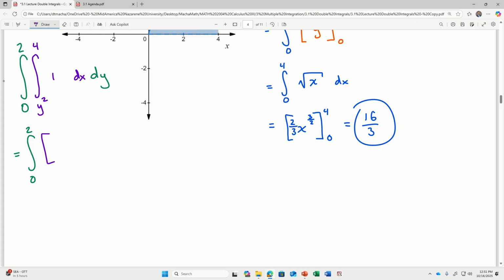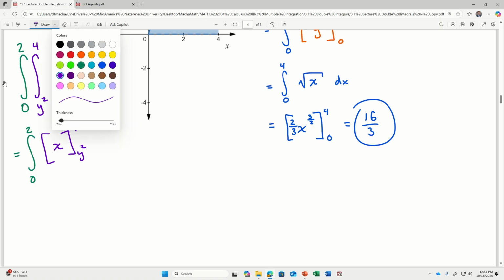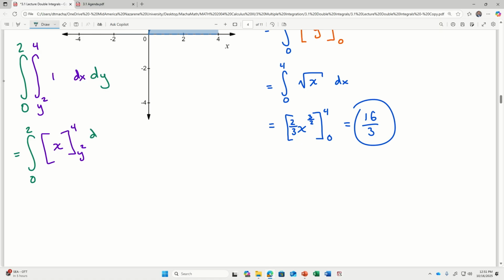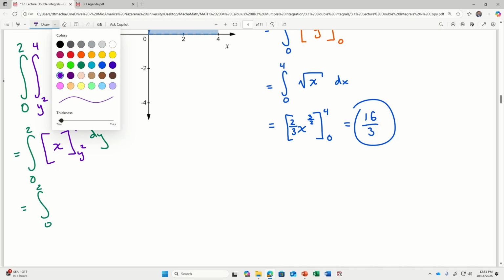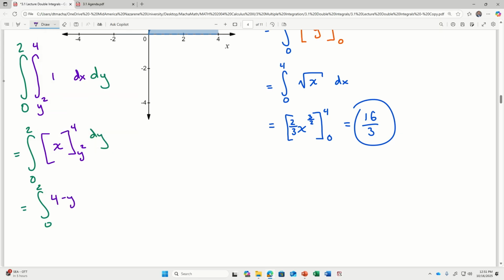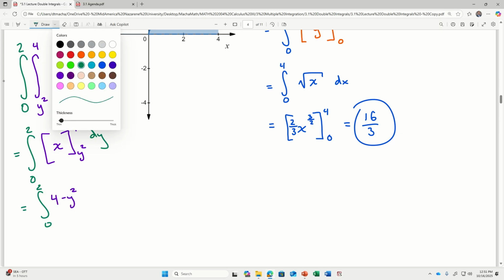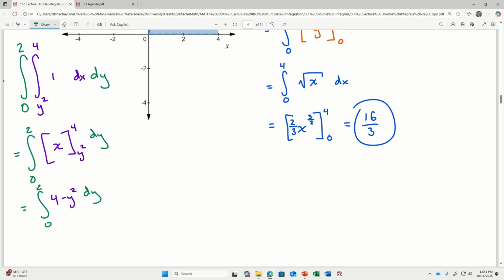Antiderivative of 1 is x. And we're using upper bound 4, lower bound y squared. And so the integrand is 4 minus y squared. So what's the antiderivative of 4? 4y.